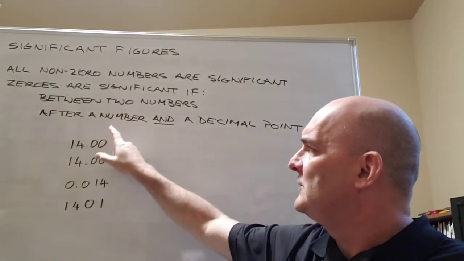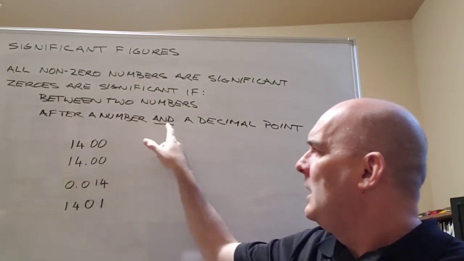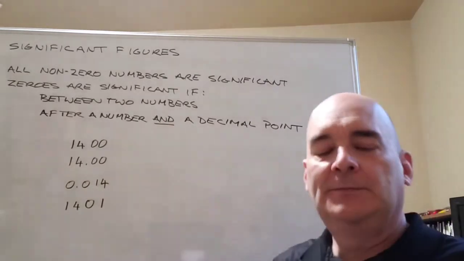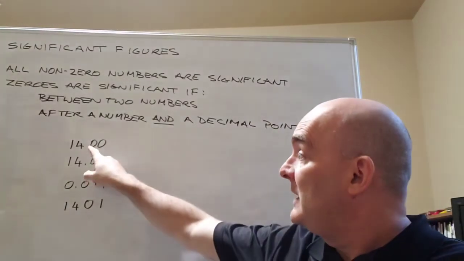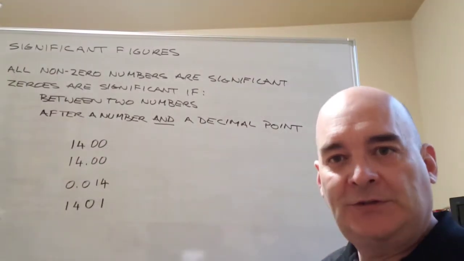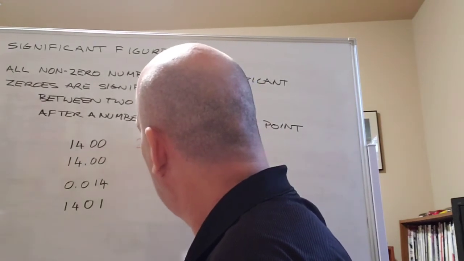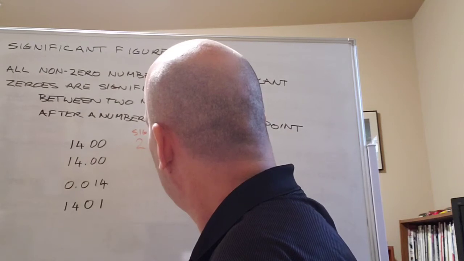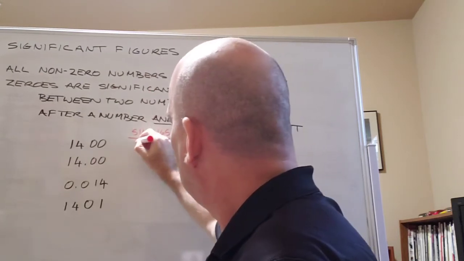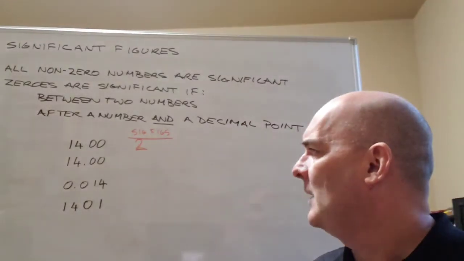So it is not between 2 numbers. Is it after a number? Well, it's after the 4. And is there a decimal point? No. So neither that 0 nor this 0 count as being significant. And this number, 1400, has just two significant figures.